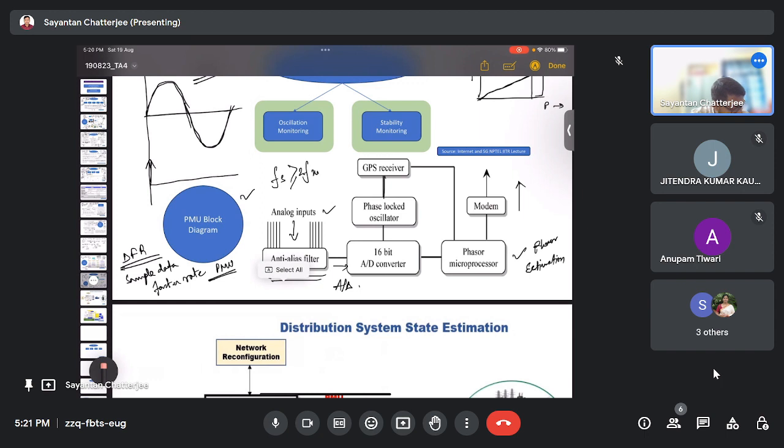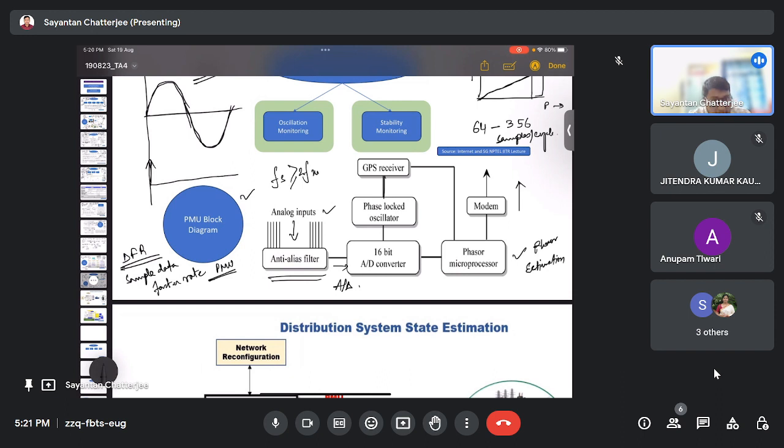The PMUs can't do that because within two cycles there might be only one or two data points. What the DFR does is that it has a sampling rate from 64 samples per cycle to around 256 samples per cycle, I think.